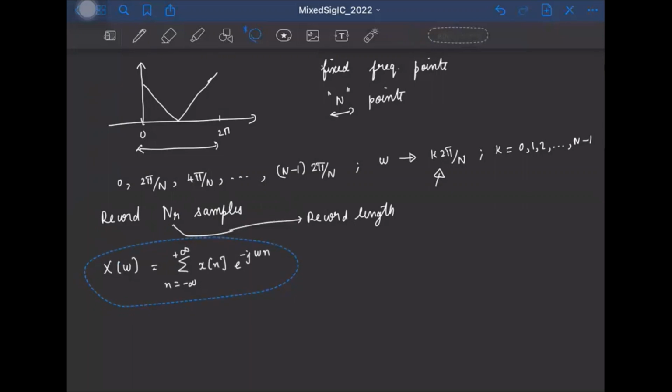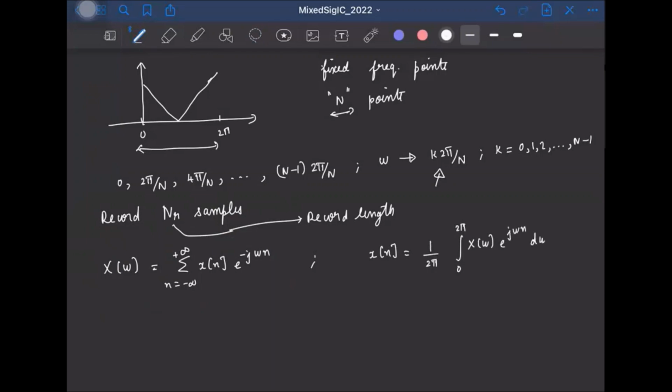And the inverse transform is this: x of n is 1 by 2 pi integral from 0 to 2 pi X of omega e power j omega n d omega. What we do here, first we'll replace omega by this value k times 2 pi by n. So this becomes X of k 2 pi by n. This essentially is a function of k, so I'll just write it as X of k.